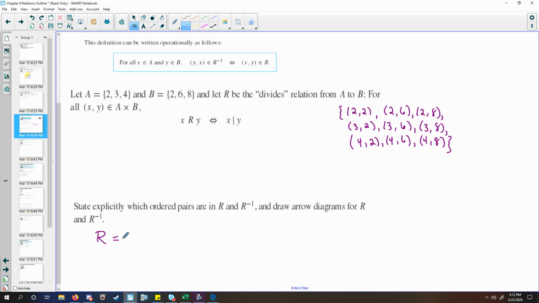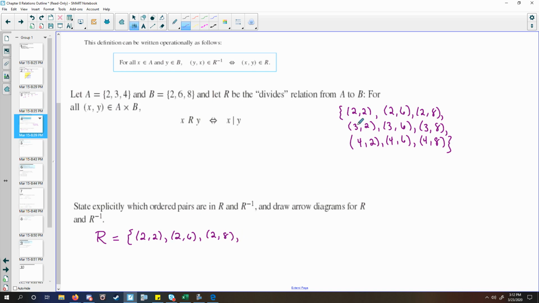So in this case, relation R is going to be defined by the values that this works for. 2 divides 2, so we would include that in relation R. Ask yourself the next one, does 2 divide 6? 2 does divide 6, so we add that to our list. Similarly, we're going to keep going. We know that 2 divides 8.